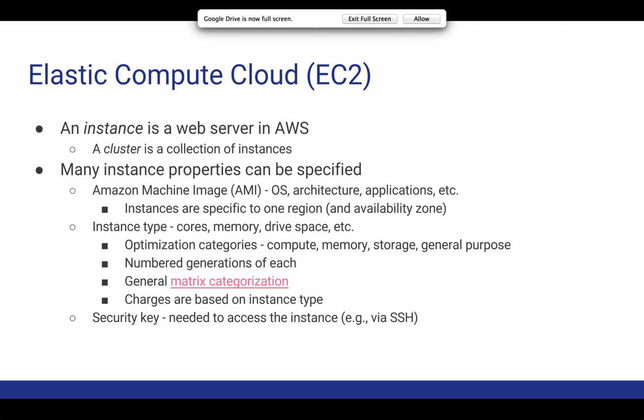The next property that you could specify in an instance would be what's referred to as the instance type. The instance type is basically what's the hardware that my instance is going to be running. These are things like the number of cores, how much memory, how much drive space, etc. I should point out there are different optimization categories here, different optimization types that you can pick. There's compute optimization.